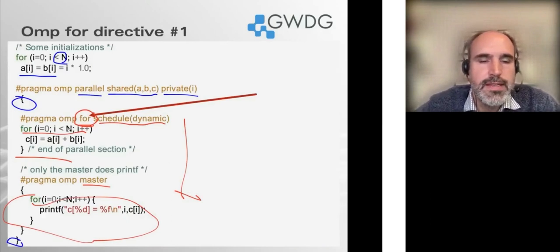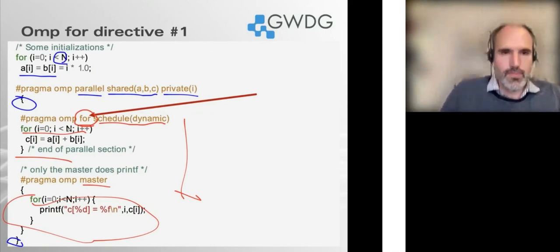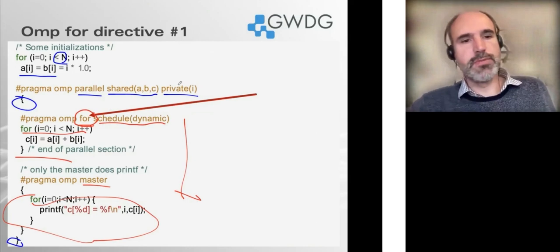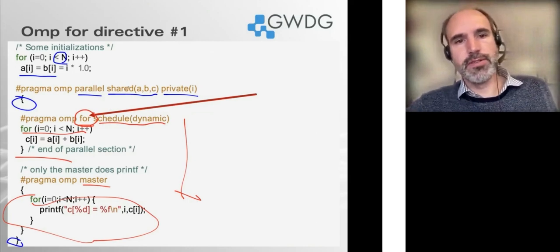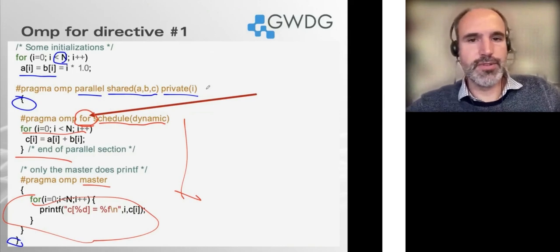So n is not changed. Actually, n should be specified here in the shared private of the parallel region.